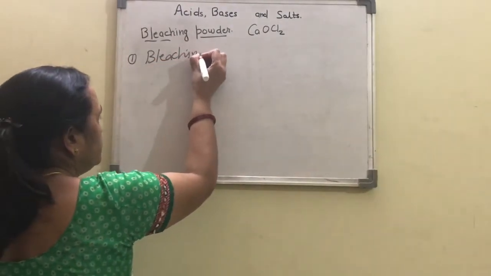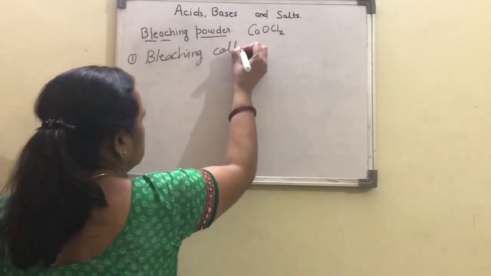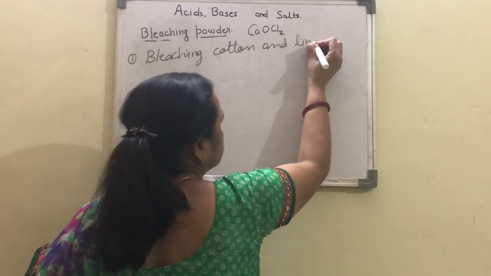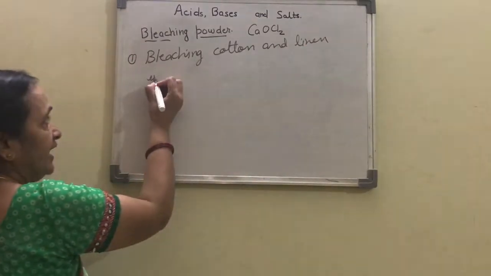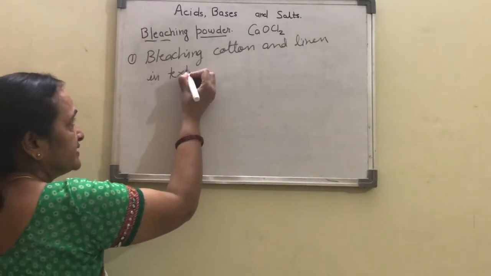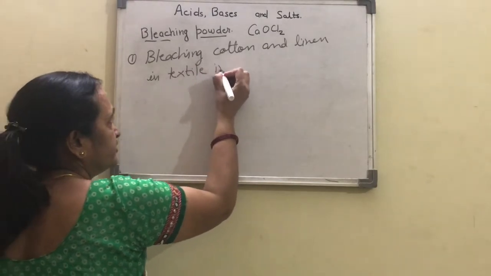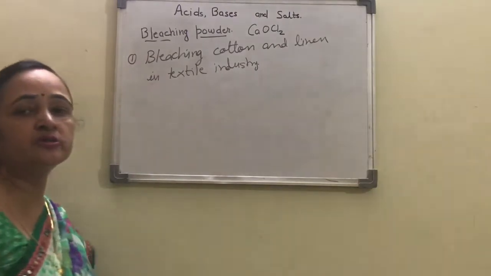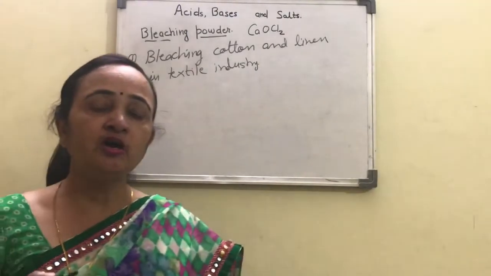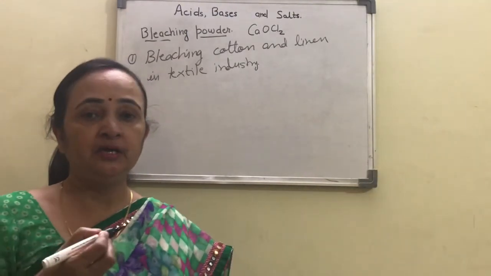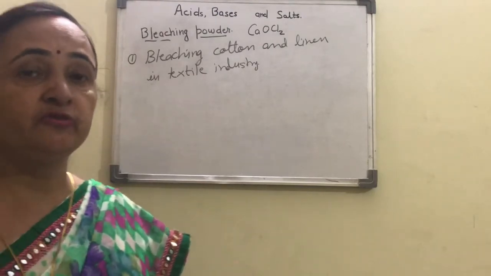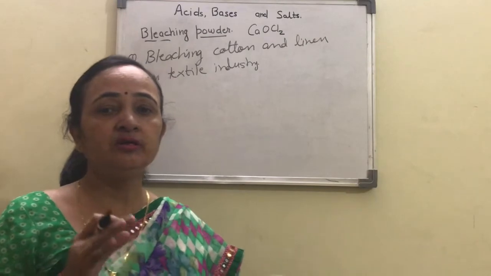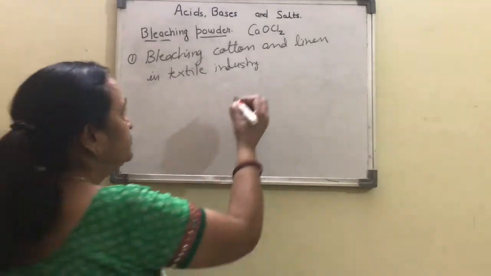It is used for bleaching cotton and linen in the textile industry. It is also used for bleaching wood pulp in paper factories. The paper which we get is also bleached using it.